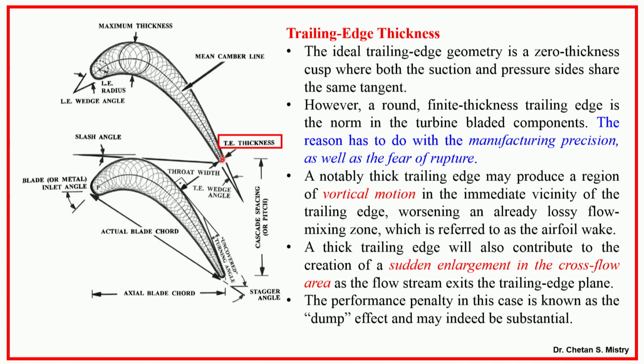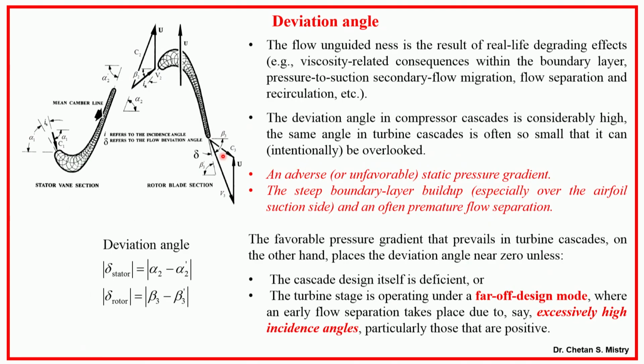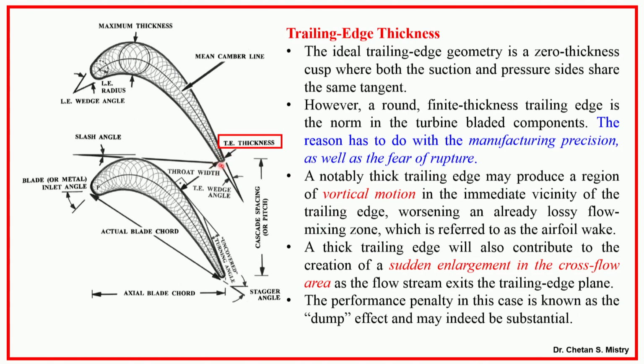If we have a sharper edge, then we talk about the formation of vortices. Here we have one vortex coming from my suction side and a second from my pressure side, and they combine together and generate a Karman vortex street. So, the design of this trailing edge is equally important.